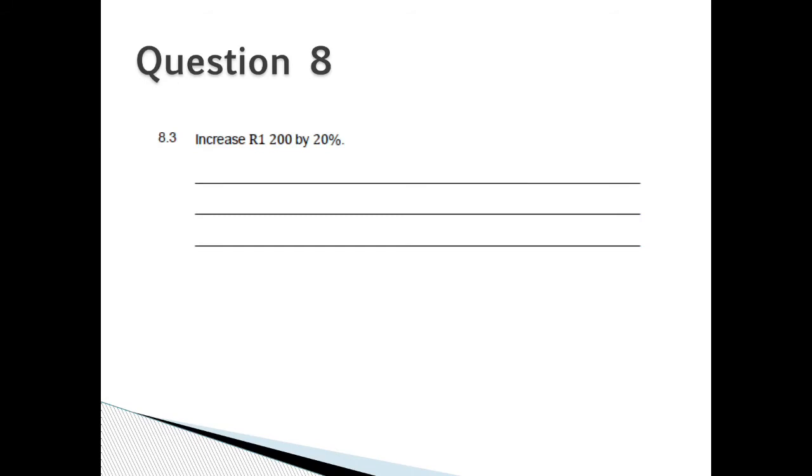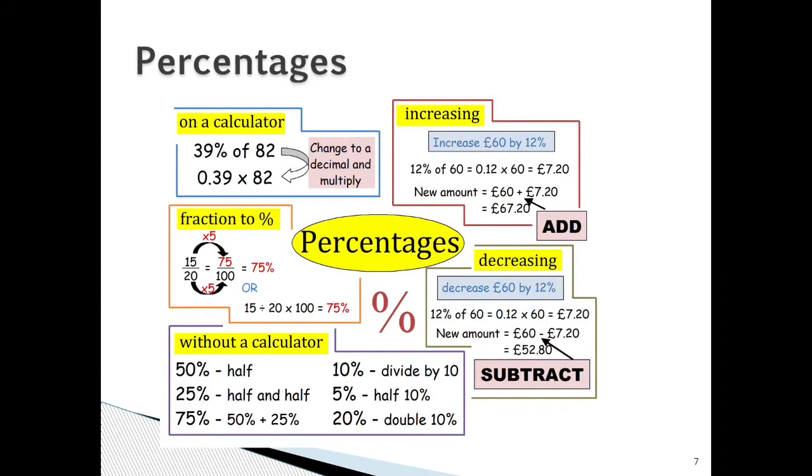Question 8.3. Increase 1,200 by 20%. When you're working with percentages on a calculator and you want to work out a percentage of a number, you change to a decimal and multiply. For example, 39% of 82 can be changed to 0.39 times 82.